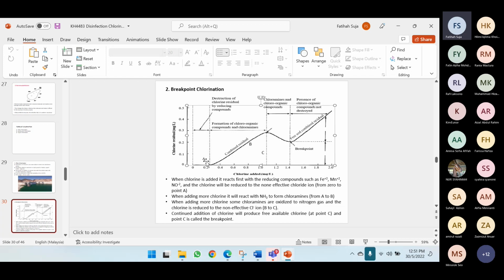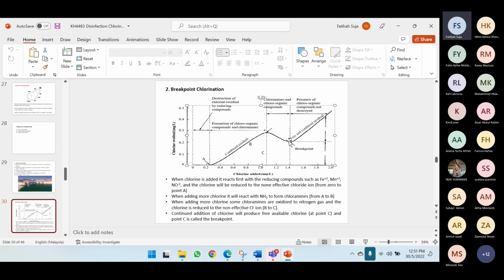So after you use it for destruction of chlorine residual by reducing compounds, then it is used by the ammonia. So you call it combined residual. And then chloramines and chloro-organic compounds, and then some of the chloramines will be oxidized to nitrogen gas.